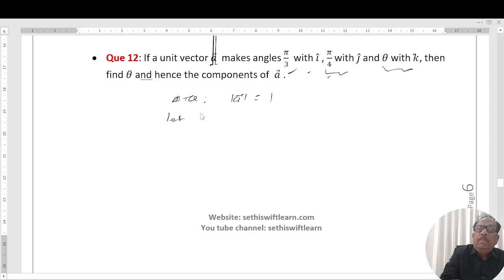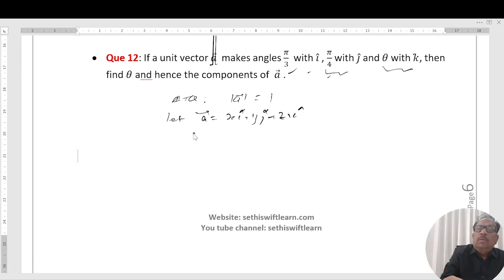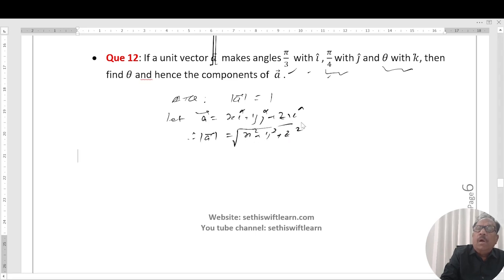Let vector A equal xi plus yj plus zk. Therefore, as magnitude A equal to 1, x square plus y square plus z square equal to 1. Right? This is equation 1.